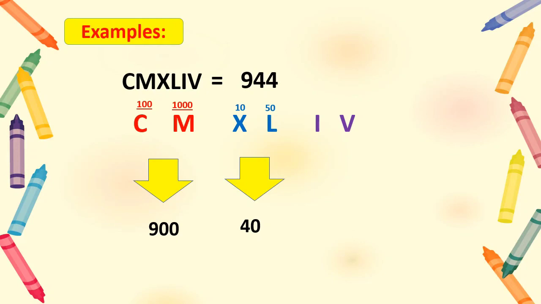Next, the IV represents I and V, and because the smaller I or 1 is written before the larger V or 5, we must subtract I from V, which is equal to 4. Now, if we put these together, it makes 944.